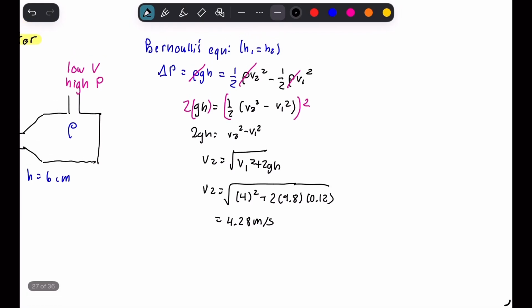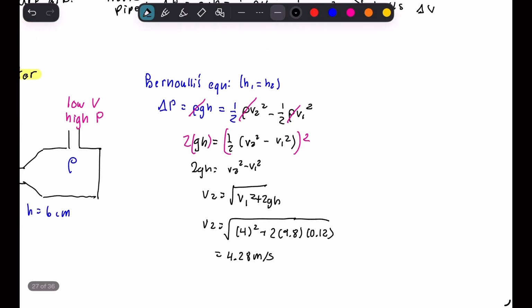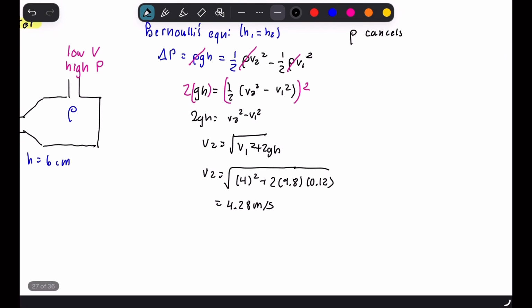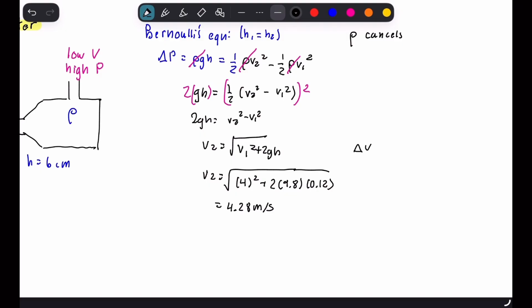The reason why density cancels is because both rho GH and 1/2 rho V squared have rho, so it cancels. So that means that your delta V depends only on your height, not your fluid type.